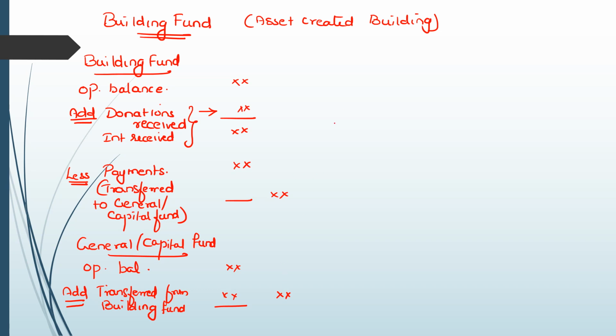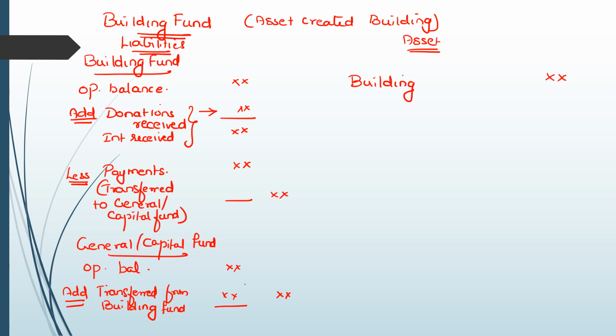And on the asset side of the balance sheet, this was the liability side of the balance sheet. On the asset side, whatever amount has been transferred from the building fund into the general fund represents the amount which has already been spent on the building. So there is a building which has been created physically there.